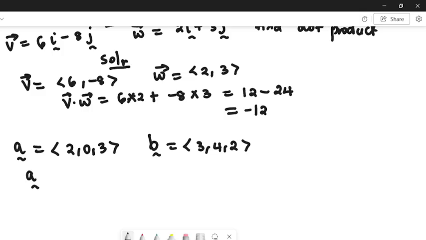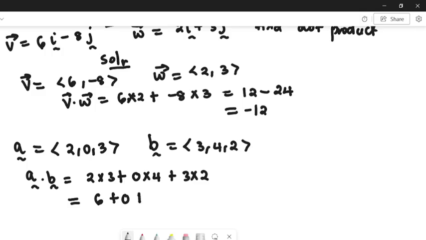If you want to find A dot B, you're going to get 2 times 3 plus 0 times 4 plus 3 times 2. So that is 6 plus 0 plus 6, which gives you 12. And the dot product or scalar product is a scalar quantity, meaning it doesn't have a direction.